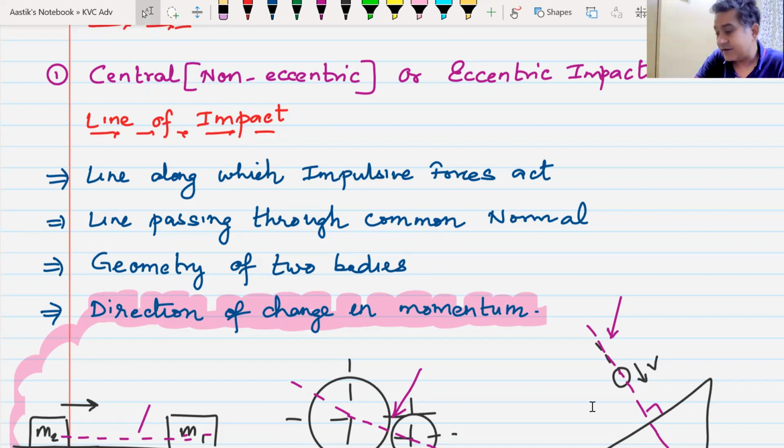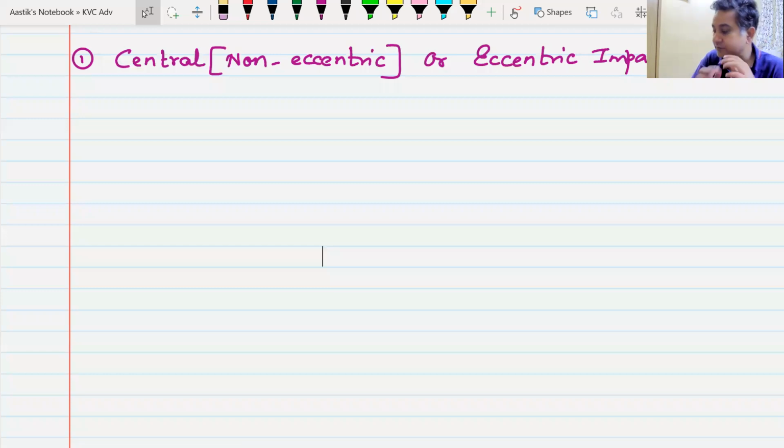So I'll just write that in again. You have seen the line of impact, yes or no? Yes, sir. Okay, so since you have seen this line of impact, I will copy this and put it here.